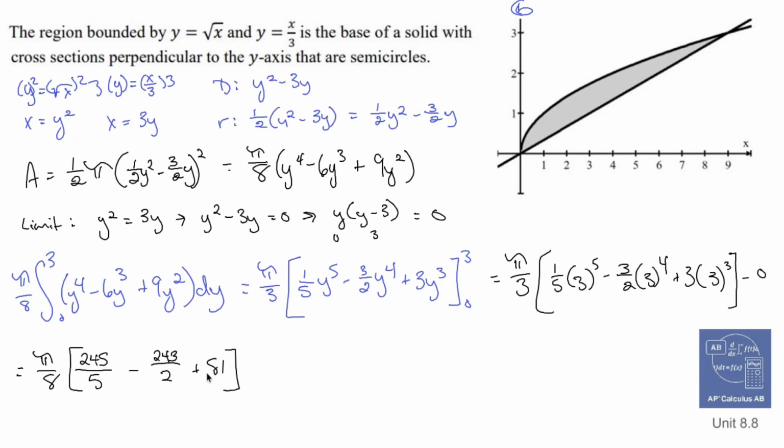Common denominator of 10. So we have pi over 8 times... Multiplying by 2 over 2 is going to get us 486 over 10. Multiplying by 5 is going to be 1215 over 10. And multiplying by 10 over 10 is going to be 810 over 10.